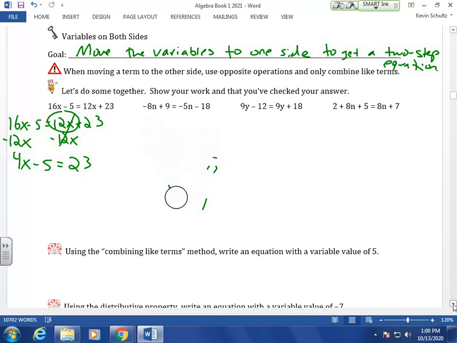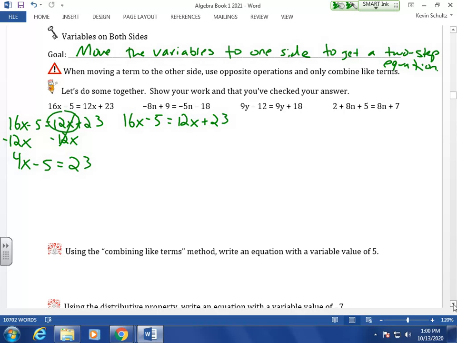Let's say x is equal to tacos, right? You've got 12 of them. You take all 12 of those tacos and you move them to the other side of the equation so there are no tacos left on the right side. Okay, so we're using subtraction here to move all of the x's. The x is moving too. Another option that we have here, 16x minus 5 equals 12x plus 23, would be to what?